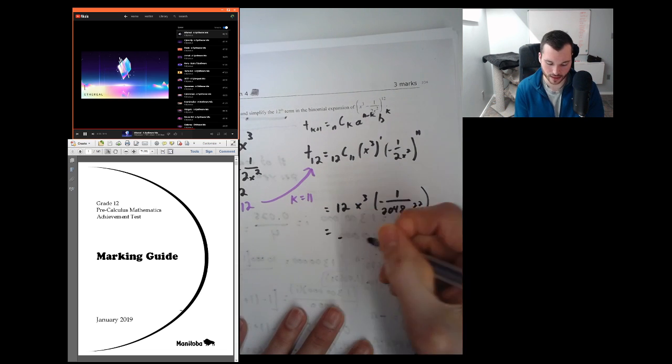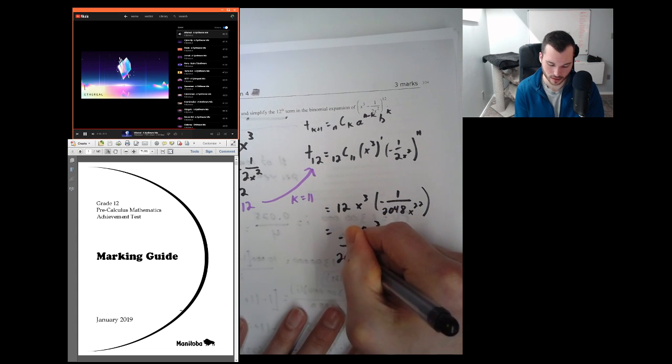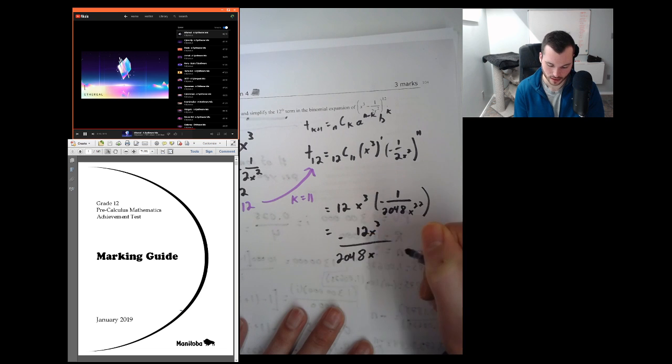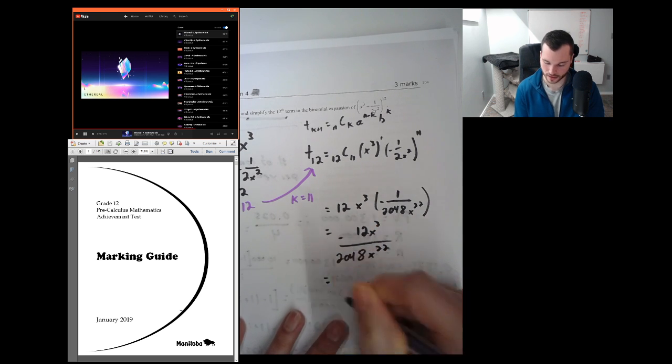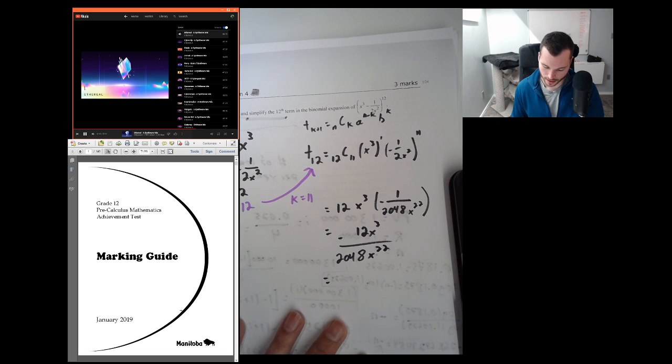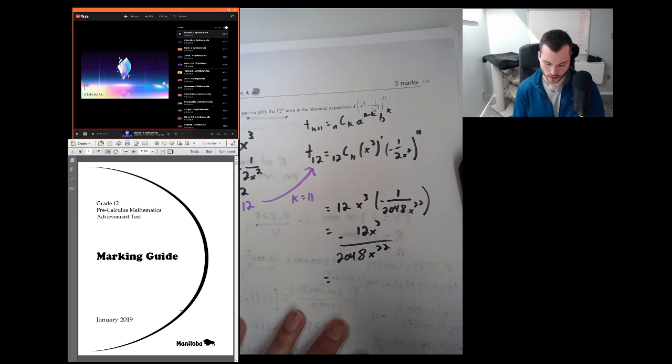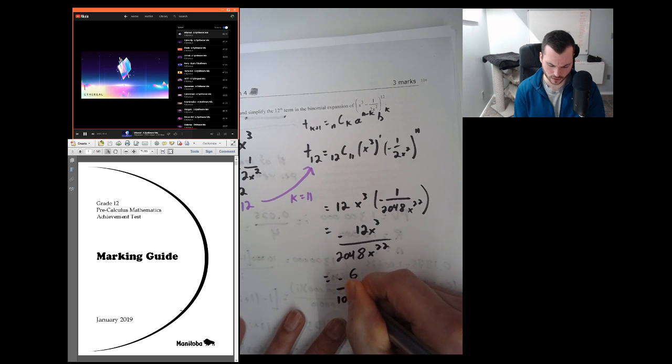So we're going to have negative 12 x to the power of 3, all divided by 2 to the power of 11 times x to the power of 22. And your third mark is coming from just simplifying the following. Let's do half of it, so negative 6 over 1024, x to the power of 19.